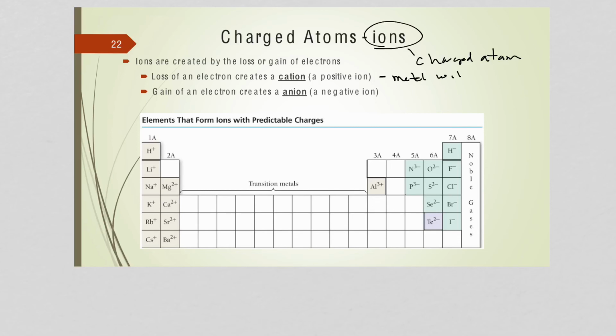Metals will lose electrons to have the same number of electrons as the nearest noble gas.